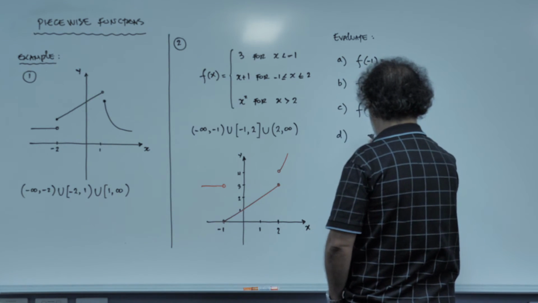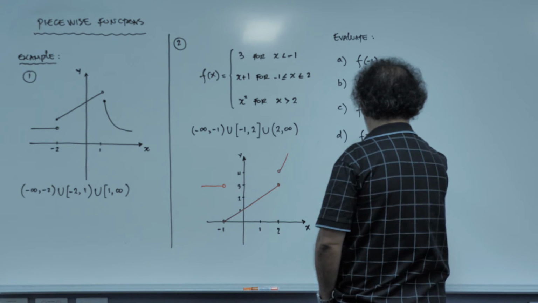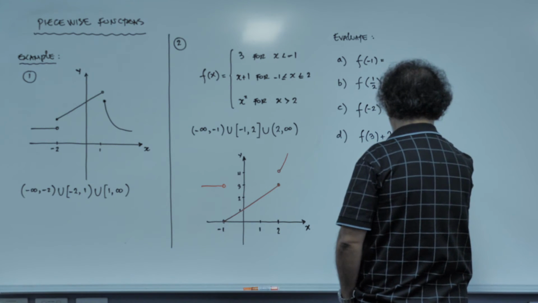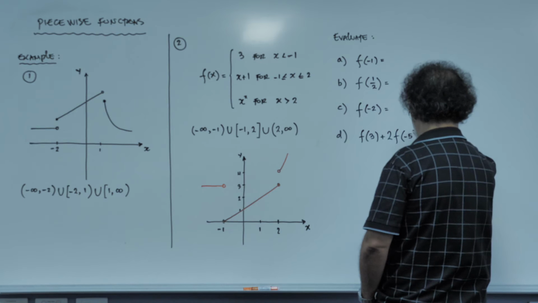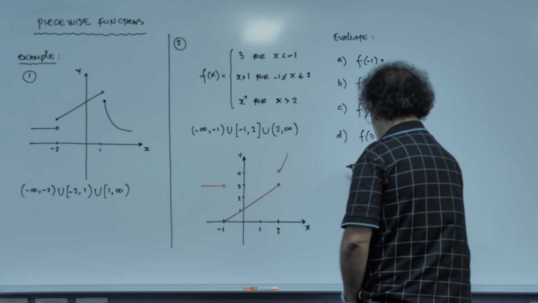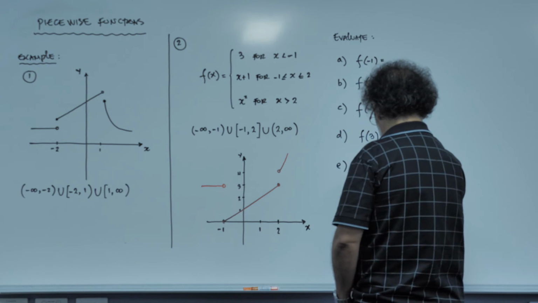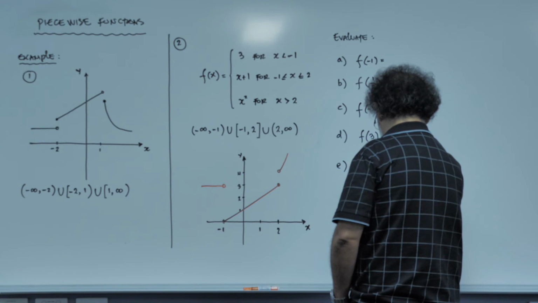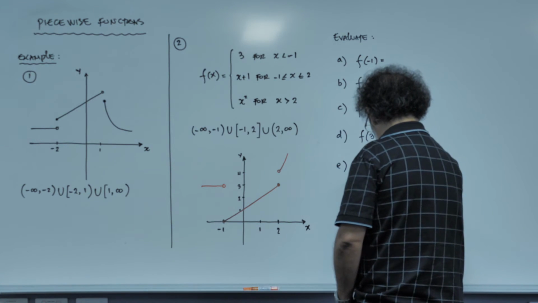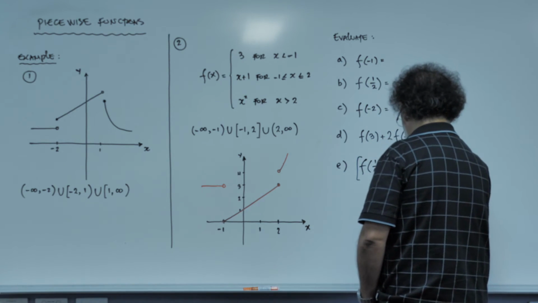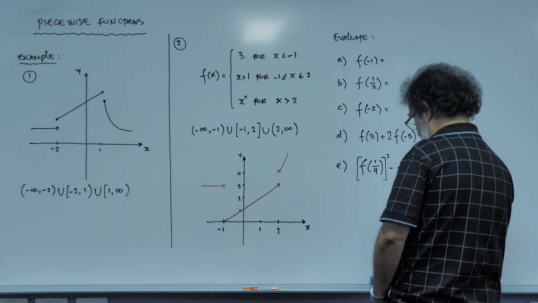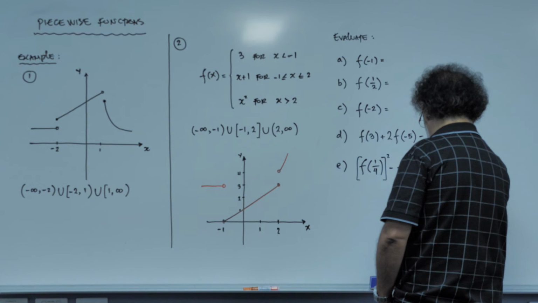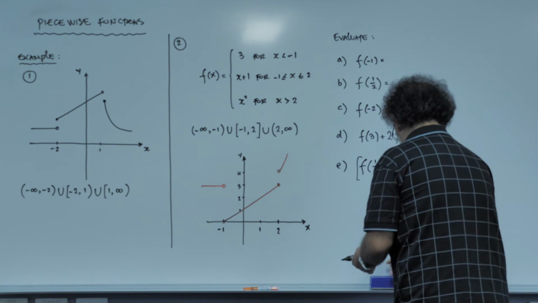D: find the answer for f of 3 plus 2 times f at -5, minus 1. And E: find the answer for f at a quarter, squared, minus f at, let's say, 0.3, -0.3.